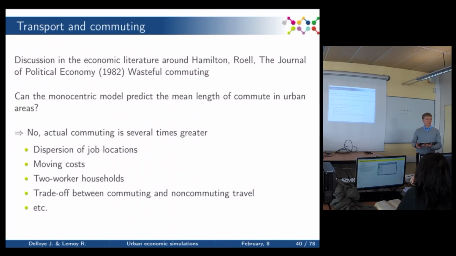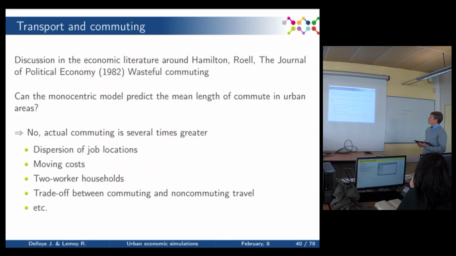Okay, there's also a problem regarding transport and commuting. In this model, what we have is people moving radially from where they live to the city center and commuting there every day. There have been people who tried to compare empirical commuting to the theoretical one predicted by the model.